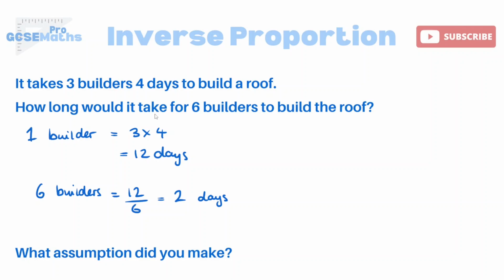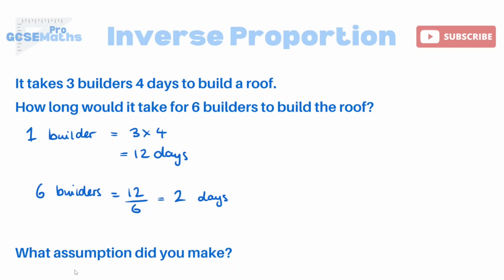Obviously, I've kind of gone around the houses with this explanation. The numbers here are a little bit easier for you to just think, oh yeah, I could probably just halve the 4 because I've doubled the 3. But it's just so that when we go through the next few examples, or if you do get numbers that aren't related, like 3 and 6, you know exactly the method. So find out how long it takes for one builder, by timesing, and then divide to find the actual number that they want.